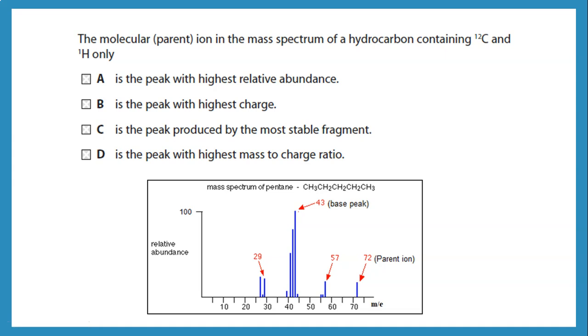It is the peak with the highest mass to charge ratio. That is the peak that shows the molecular mass of the whole molecule. And then you have other peaks showing the masses of the different fragments. But the parent ion or the molecular ion peak is the one with the highest mass over charge, or m over e.